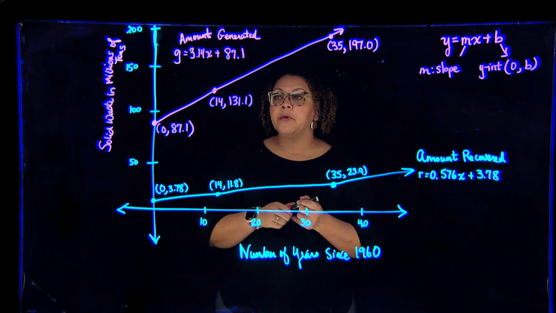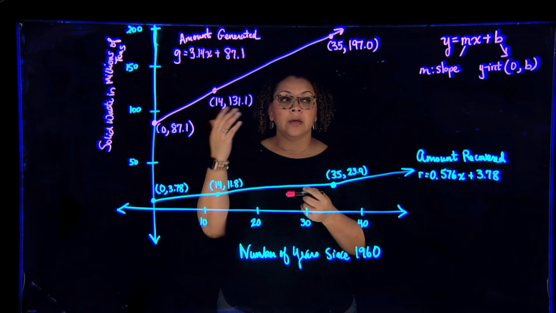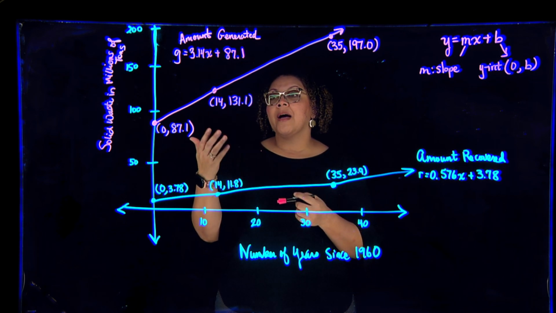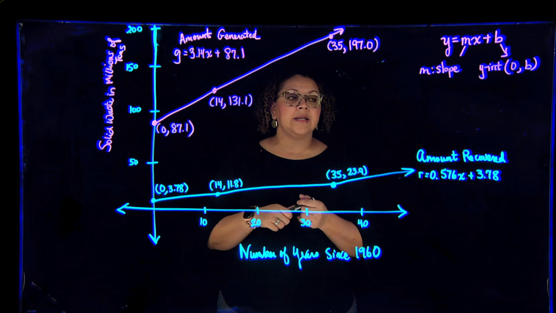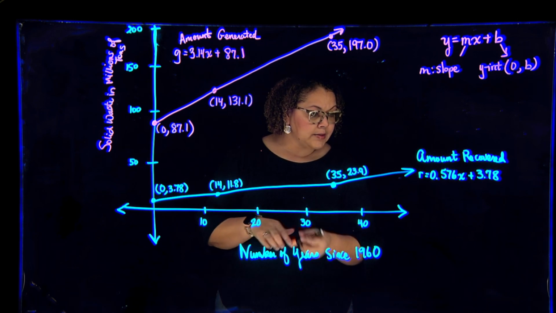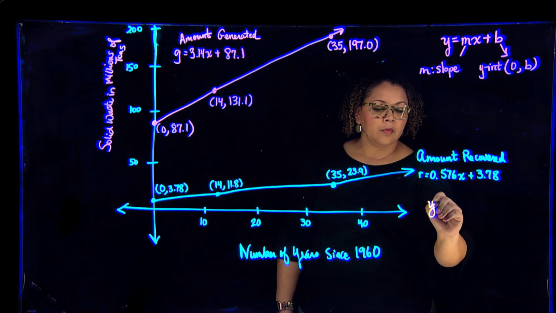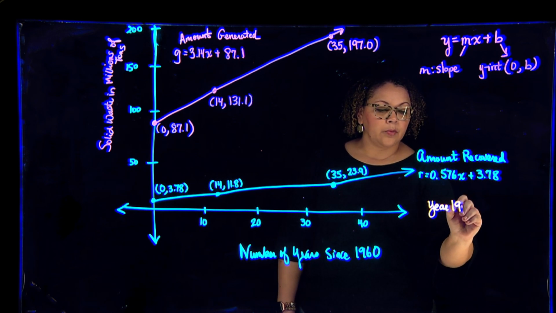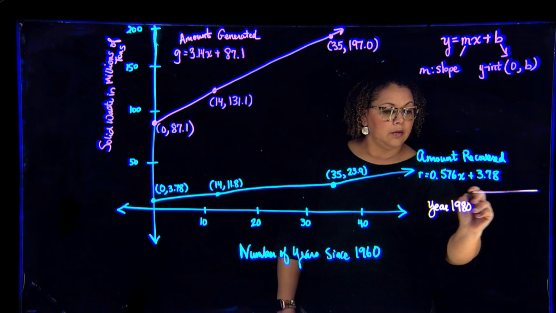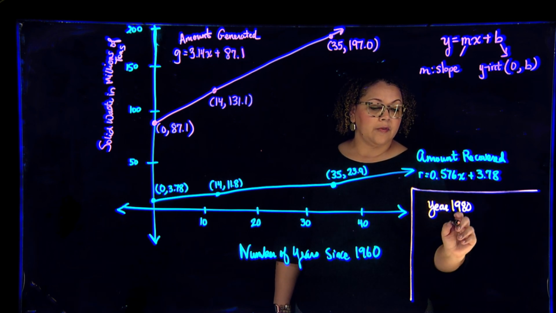So for example, let's say you were asked to find the amount generated in the year 1980. And I'm going to write down here in the lower corner, and I'll use a different color so we can keep everything nice and organized.